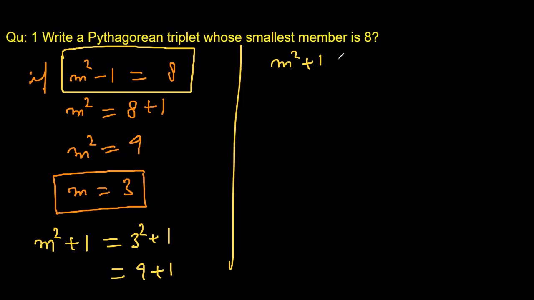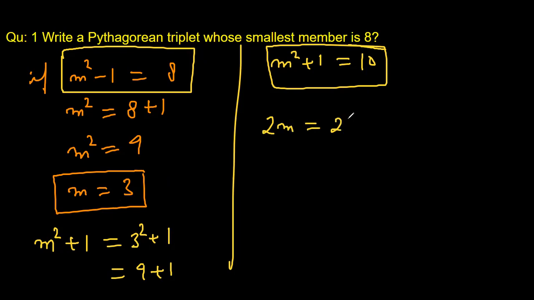So m square plus 1 is equal to 10. One of the members is 8, another member is 10. We also had 2m as a member. Since m is 3, 2 into 3 is 6. So 2m is equal to 6. This is the third member.